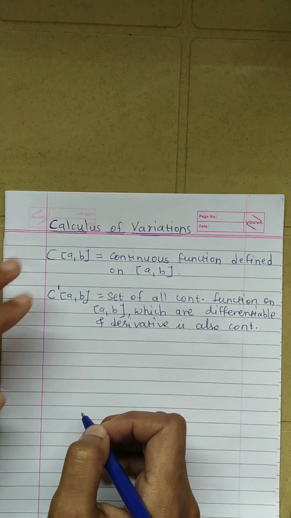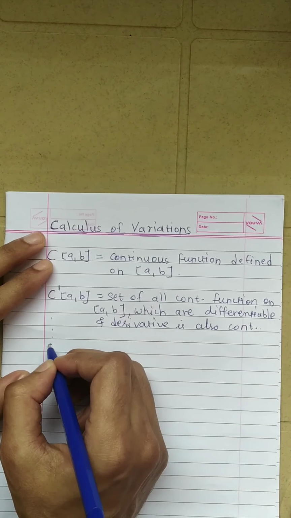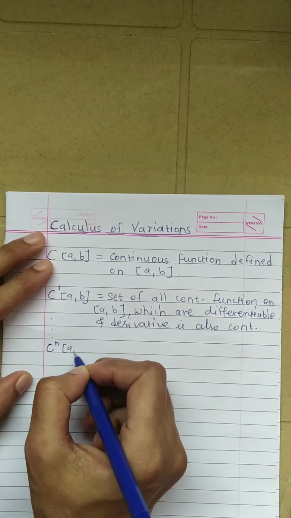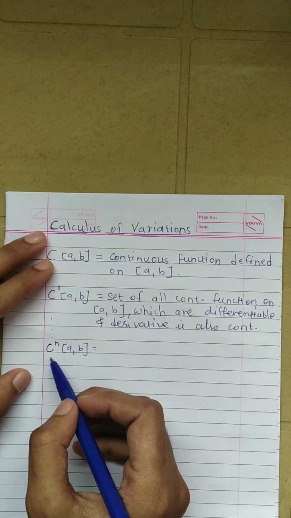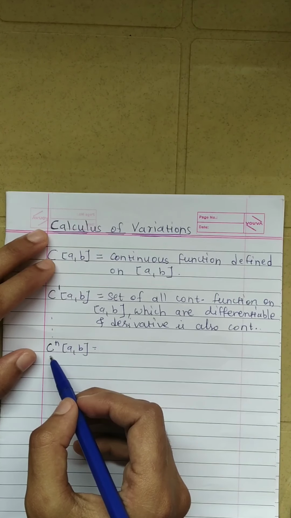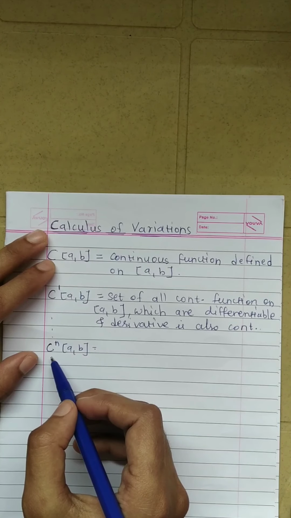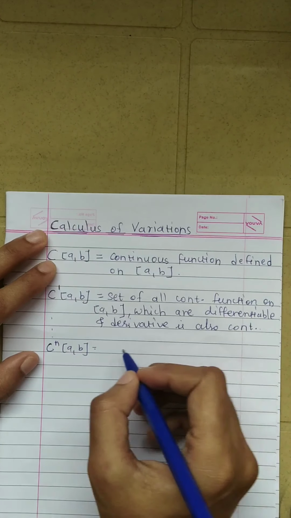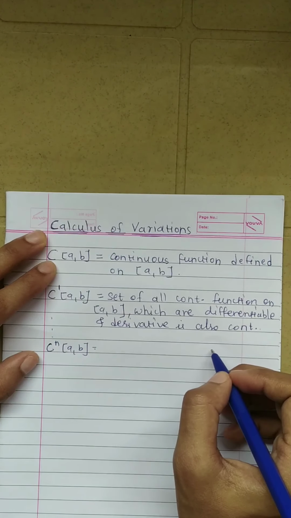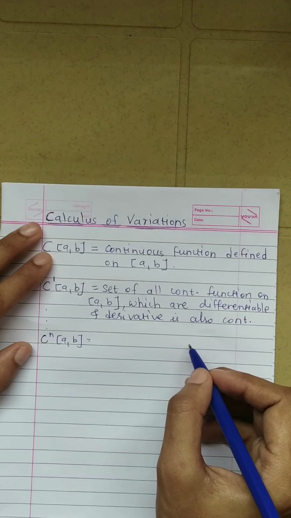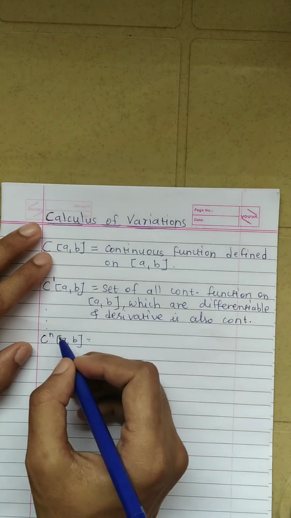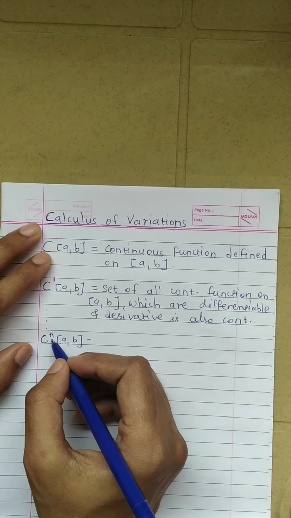Now similarly we can define class Cn, and what will be this class? It will be the set of all continuous functions on the closed interval [a, b] and also all their n derivatives. If I consider one function f in this class, the function will be continuous and all its n derivatives.